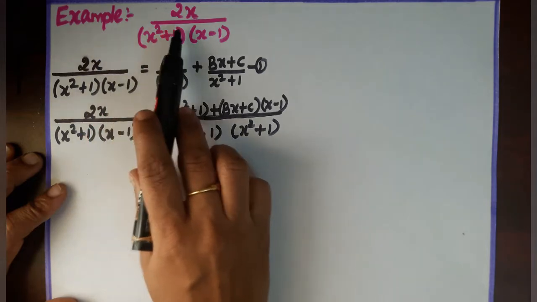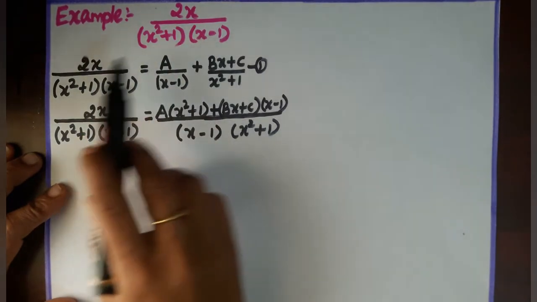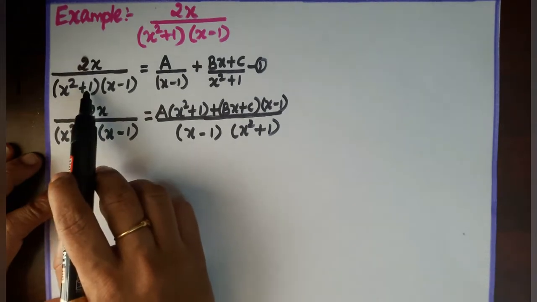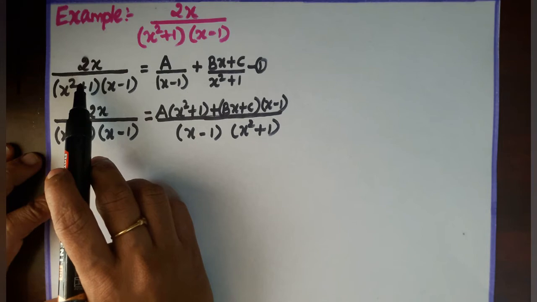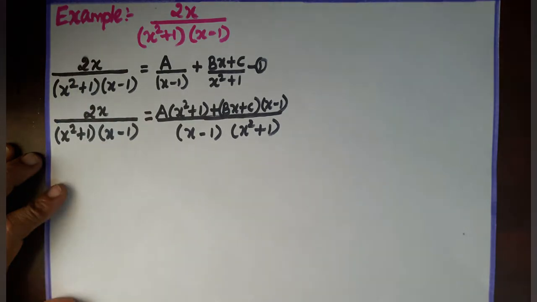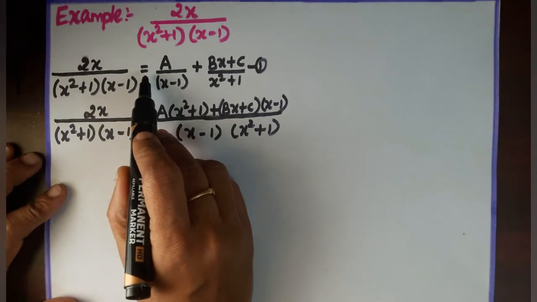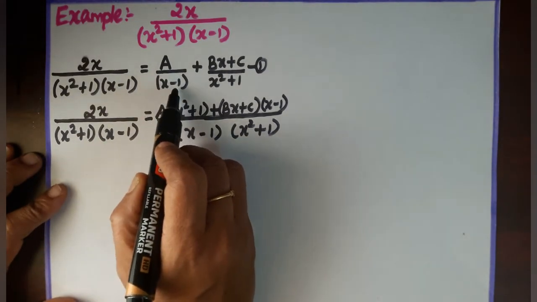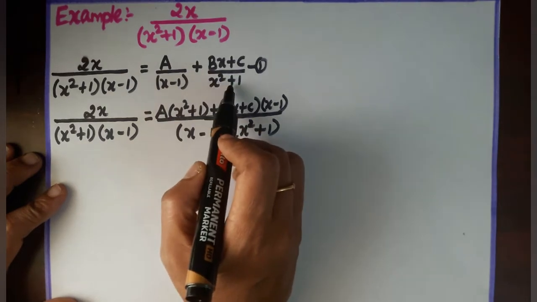Second example, 2x by x square plus 1 into x minus 1. In this case, note the denominator has a factor x square plus 1, which does not have real zeros. So the expansion for this case is A by x minus 1 plus bx plus c by x square plus 1.